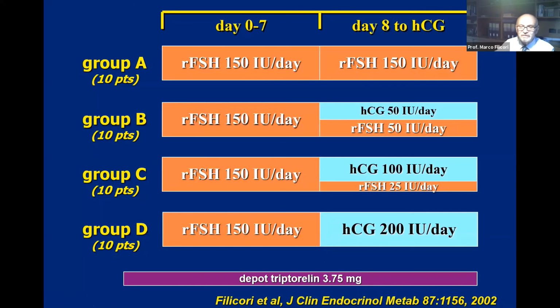It hasn't been exploited as it deserved by pharmaceutical companies, because this would be a very nice way of reducing the cost of controlled ovarian stimulation. In the second part of your stimulation, you use HCG, which is a very cheap hormone to produce, and you can save on recombinant FSH.